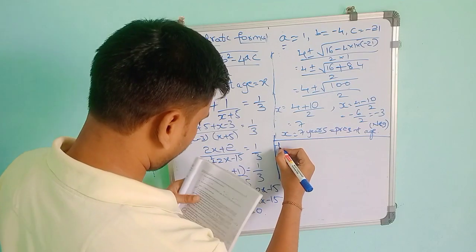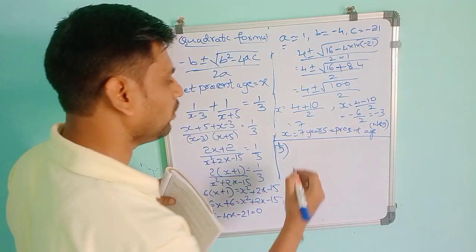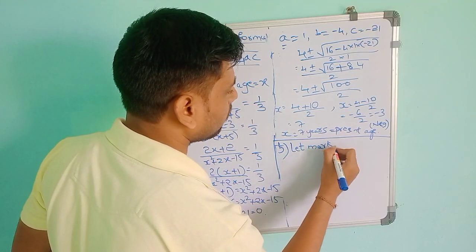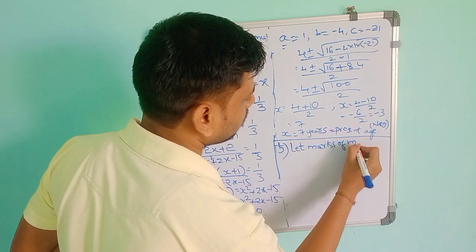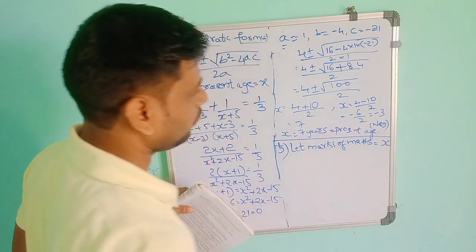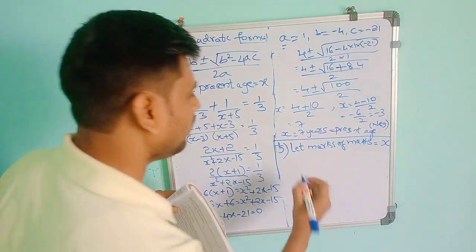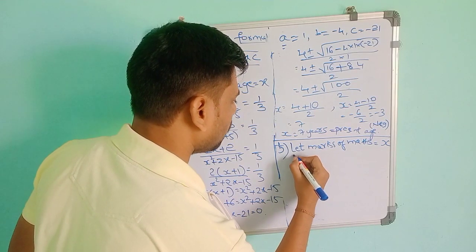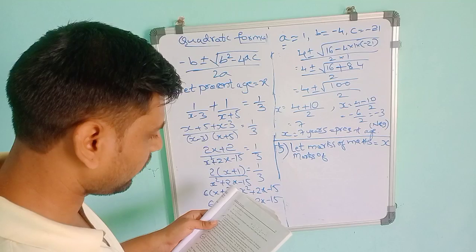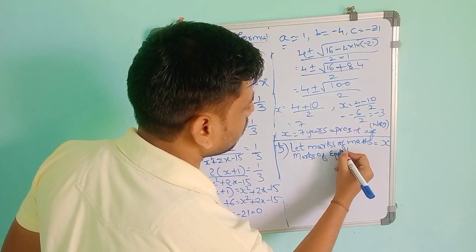So this one, fifth problem. So total marks of mathematics. So if you take, let marks of mathematics is equal to x. So total is 30, and let marks of maths be x, then marks of another subject, English.